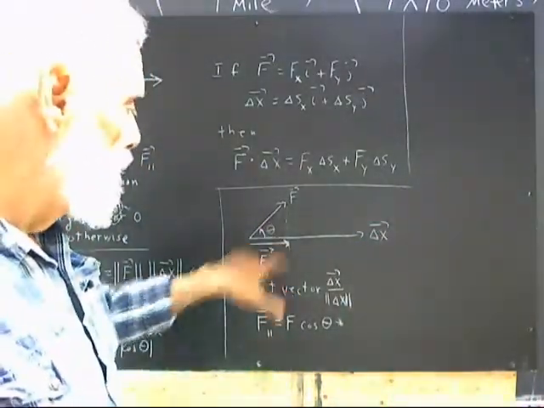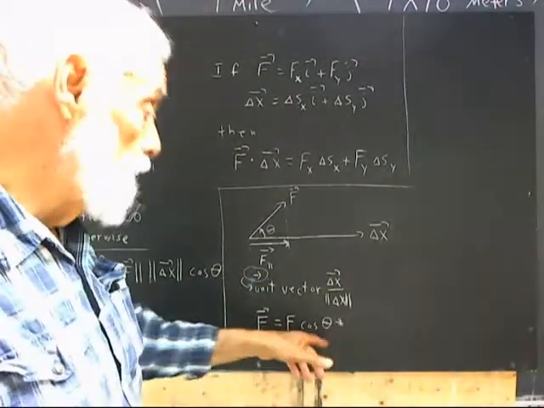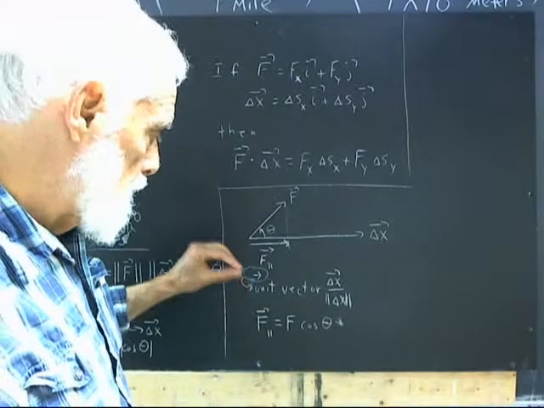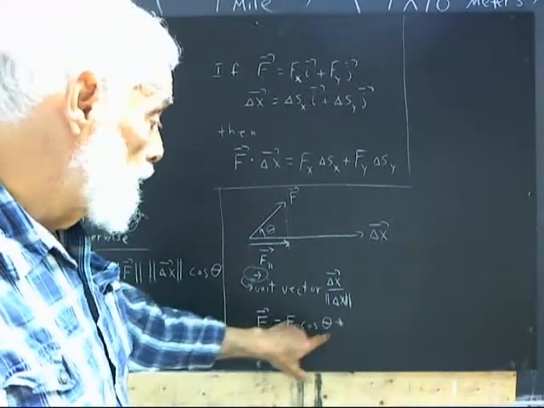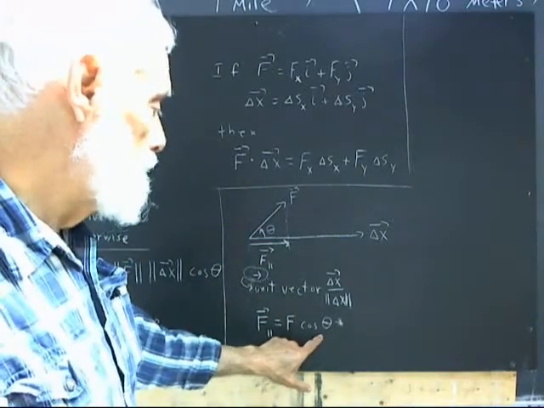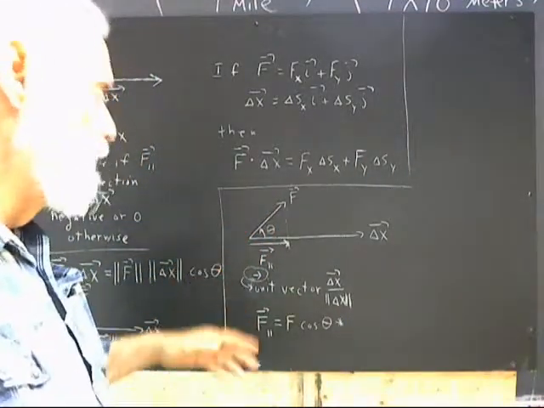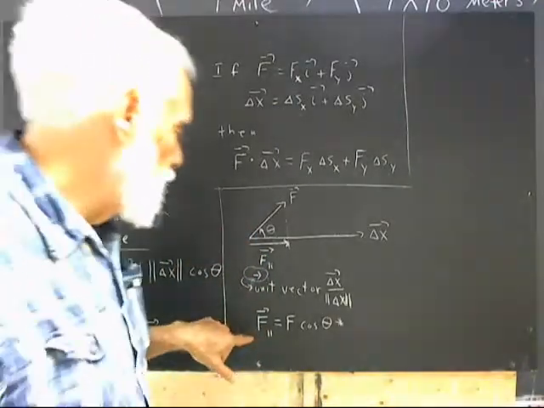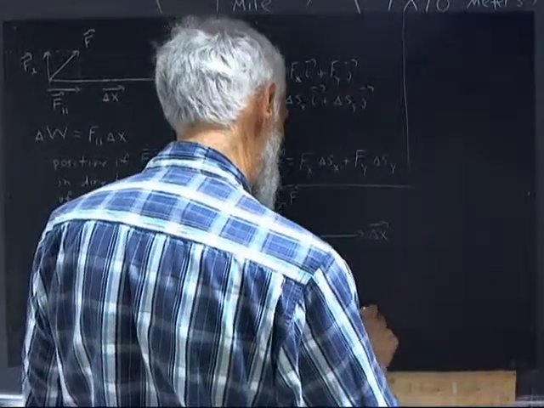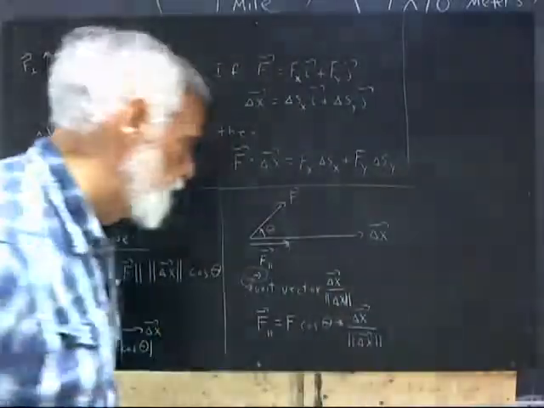If we multiply this quantity by the unit vector, we get a vector whose magnitude is F cosine theta, and it's positive if cosine theta is positive, anytime F has a component in the direction of delta x, and negative if F has a component in the direction opposite delta x. So F parallel is going to be F cosine theta multiplied by delta x over the magnitude of delta x.